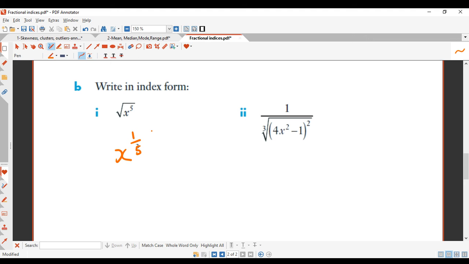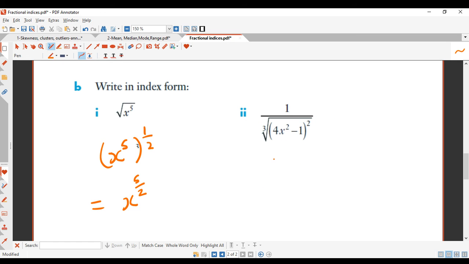That's a mistake there. Okay, so we're going to write this as x to the fifth. Square root is power of the half, of course, that's better. And 5 times a half is just 5 over 2. So x to the 5 on 2 there.